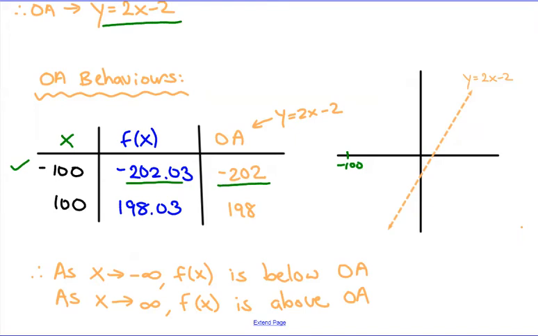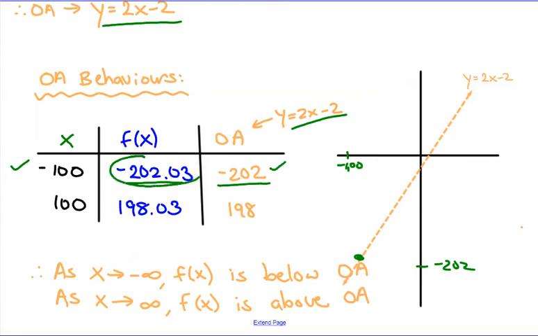If I compare it to subbing in negative 100 into my oblique asymptote, if I extended this guy, this is eventually going to touch right there. I'm going to extend this guy just to make my point. This would be negative 202, which is this. So your function is actually going to lie below that at negative 202.03. So it's close, which means it's going to be approaching like this from below, okay, which is what this statement says.